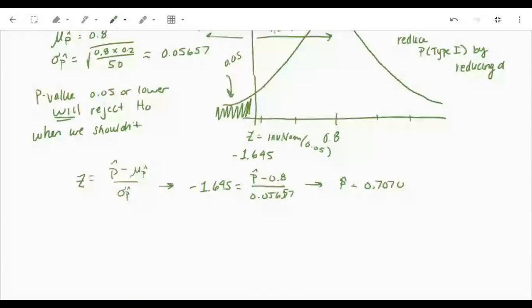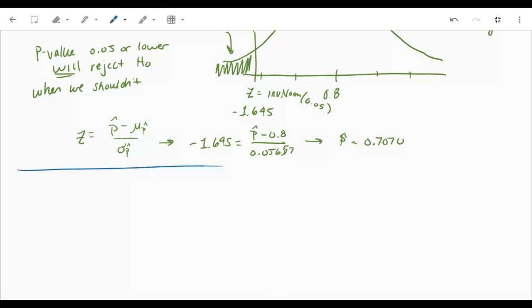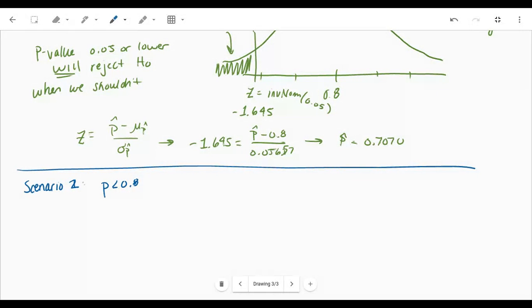Now, scenario 2, this is where we get a little bit more dicey. In scenario 2, p is less than 0.8. It really is less than 80% good apples on the truck, and we should reject the truck. The question is, are we going to?